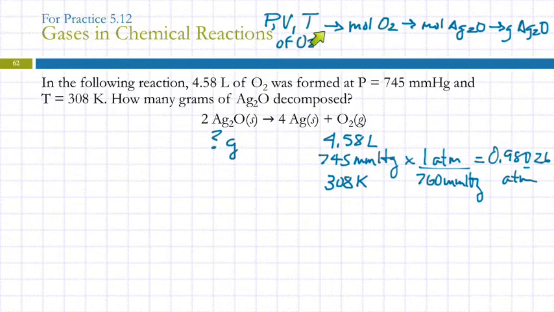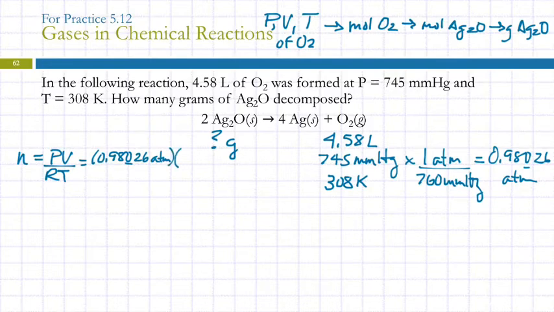This first step involves using the ideal gas law. So we want to find out how many moles. And so there we go again with n equals PV over RT. So we've got our pressure and our volume, divided by, there's R again.